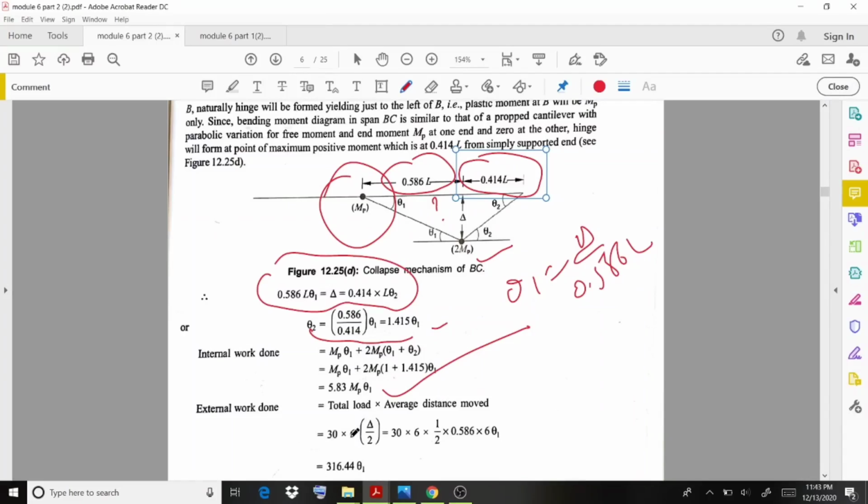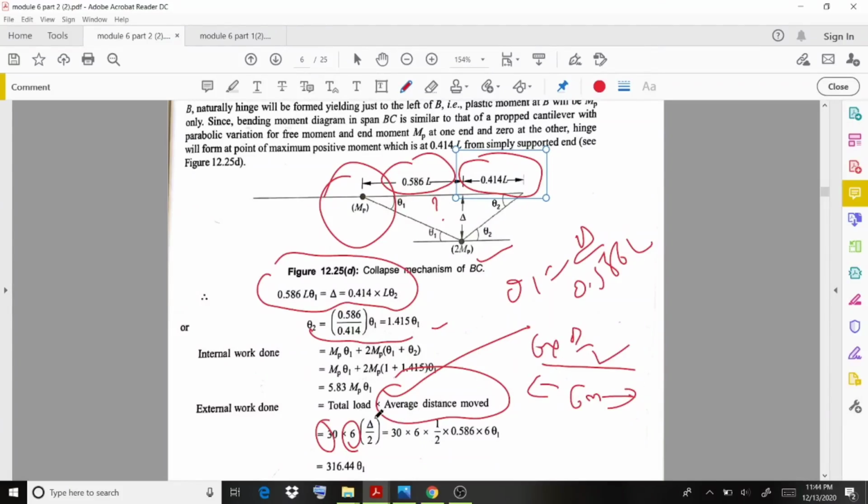Then coming to the external work done. The total load is 20 multiplied by 6, and you have to take the average distance moved. Since a UDL is acting, you take the total span length, which is 6 meters. So the average distance is 6 multiplied by delta by 2.